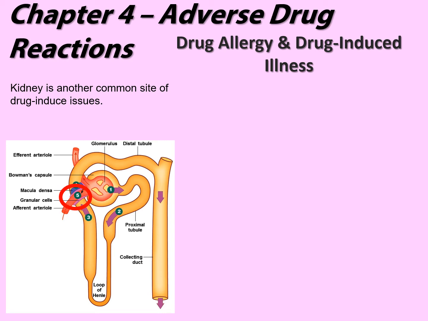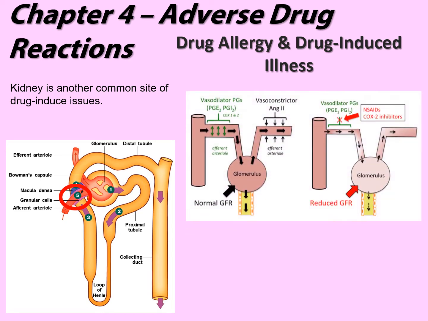And that in turn will cause vasoconstriction in this afferent arteriole, maybe a little bit of vasodilation over here. In any case, it will lower pressure in the glomerulus, leading to less flow. And that's controlled by prostaglandins, including some by COX-2. COX-1 is also here, but COX-2 as well.